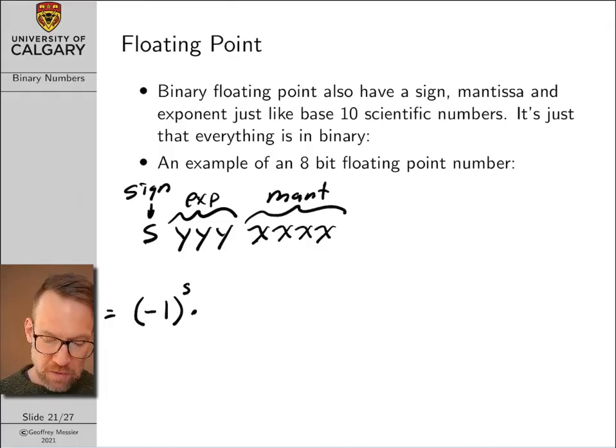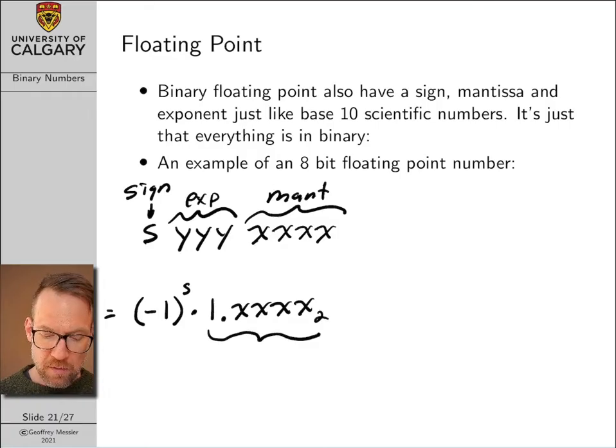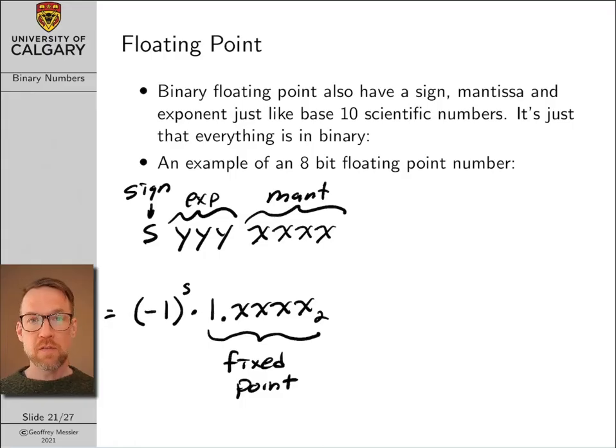And our mantissa is equal to 1 dot xxxx base 2. So the mantissa is basically always a fixed point number, with the most significant bit being equal to 1. And again, I'll talk a little bit more about how that works.